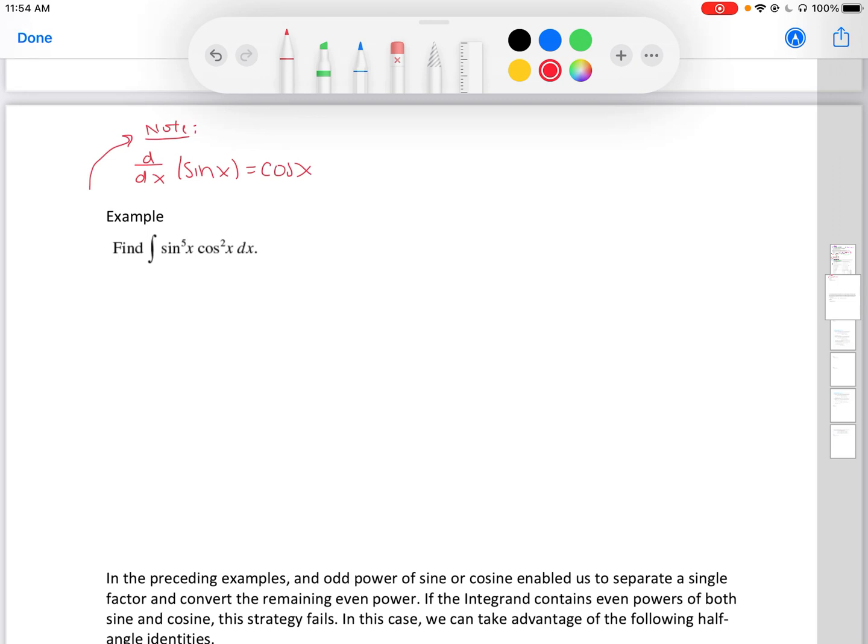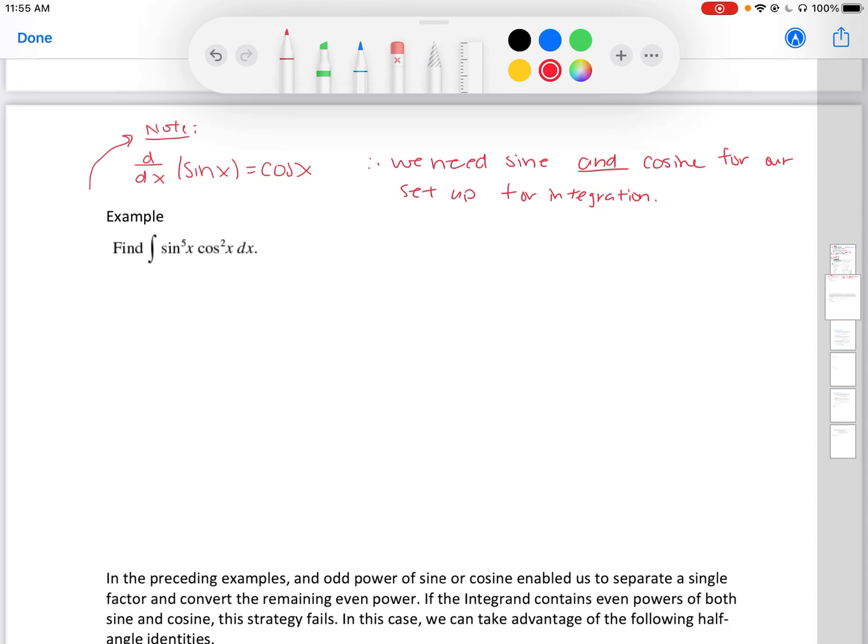So we need to make sure we have a sine, a cosine in our setup to be able to integrate. All right, we need both sine and cosine.